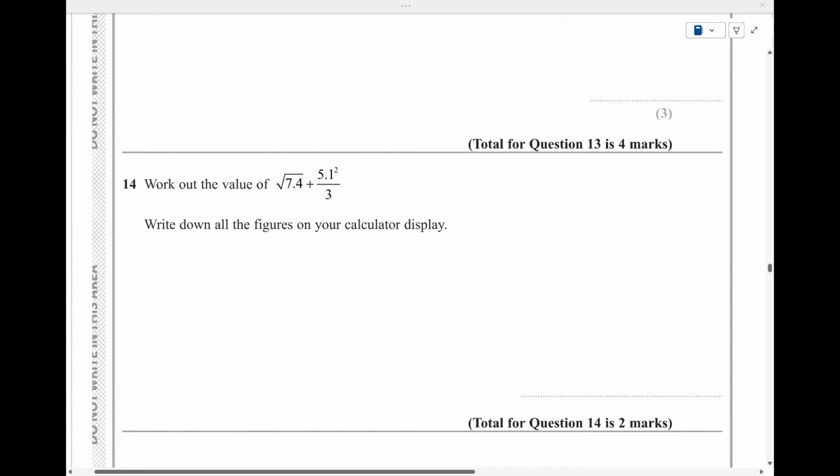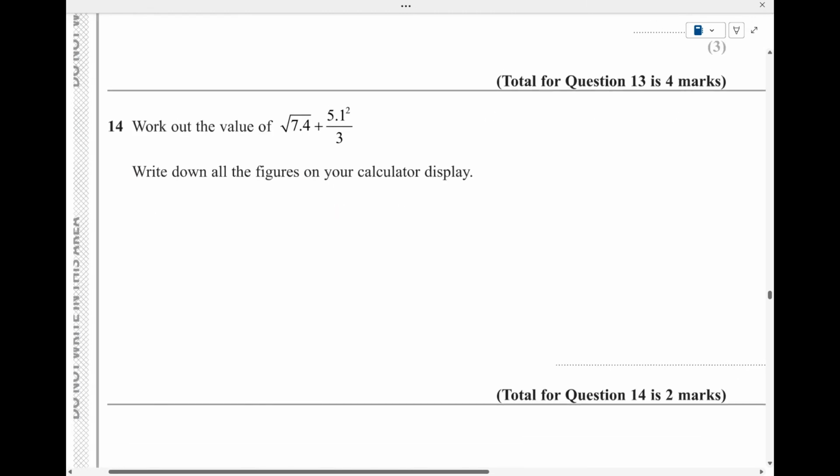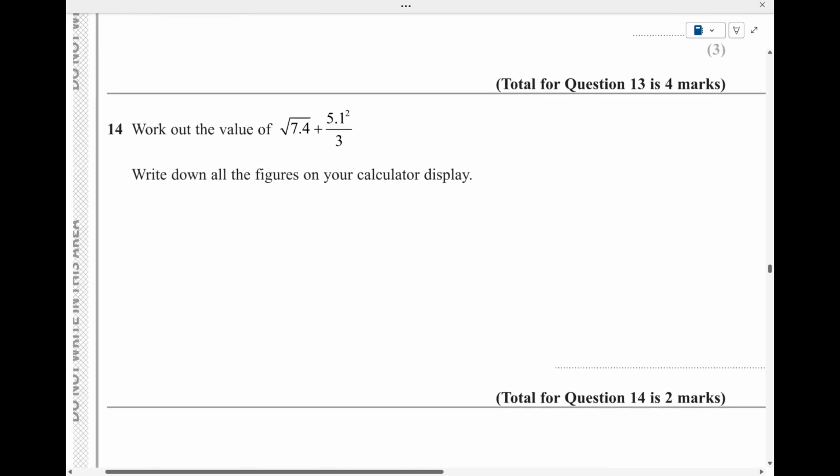Question 14. Let's have a look. It says, work out the value of that. Write down all the figures on your calculator display. So, I'm going to put that into my calculator very carefully. I'm going to put the whole thing in. So I've got the square root of 7.4. Move out of the square root.